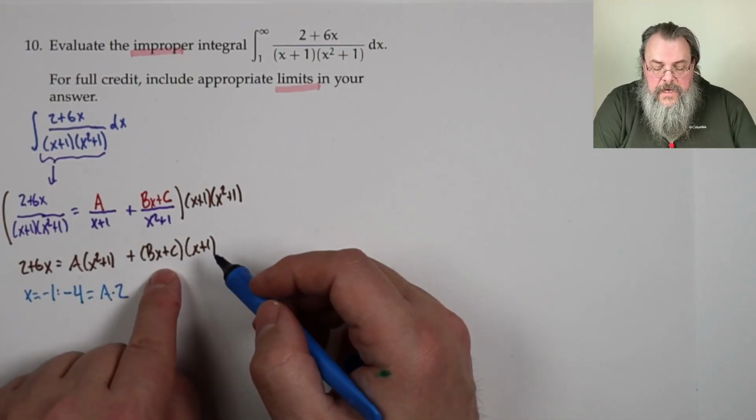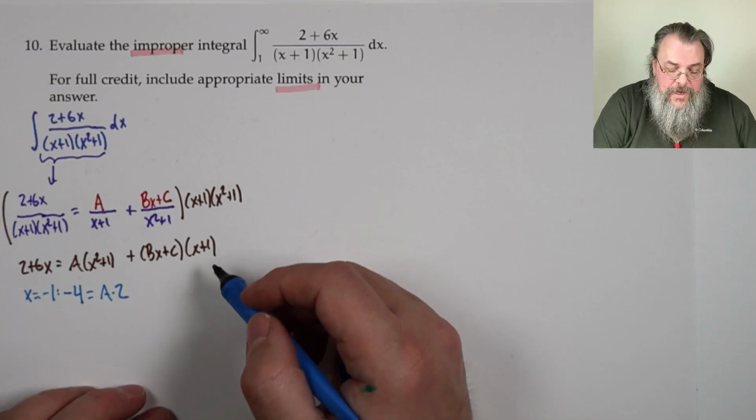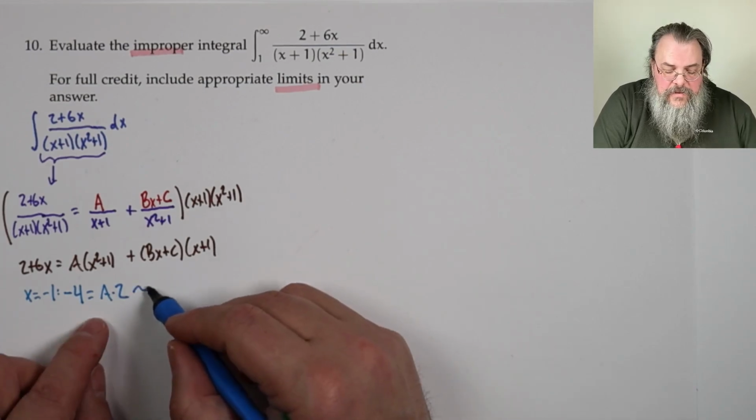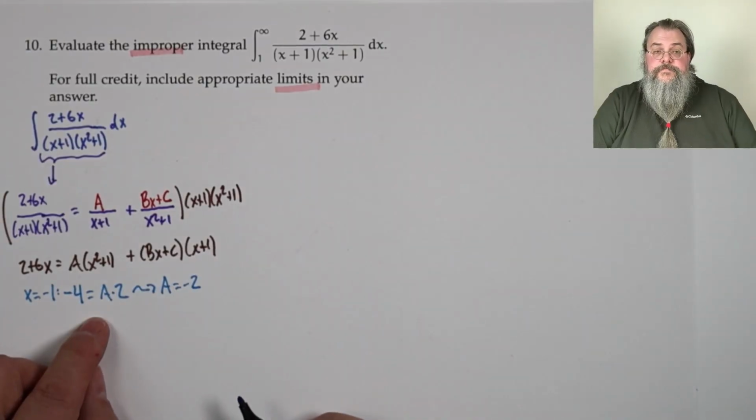The (bx plus c) term times 0 goes away. So a is negative 2.